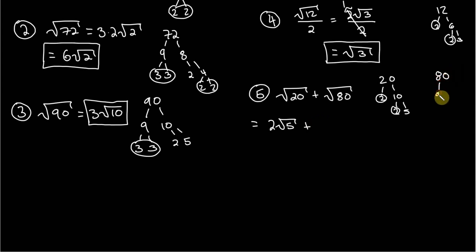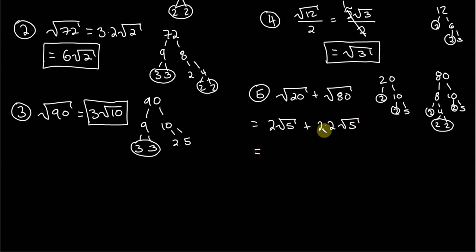80 we know is just 8 times 10, and then we know that 8 we can factor, it's 2 and 4, which is then a perfect square, 2 and 2. So we can factor out a 2, and as for the 10, it's 2 and 5. So we can factor out 2 2's here, and we're left with a 5. So it's going to be 2 times 2 root 5. Okay?